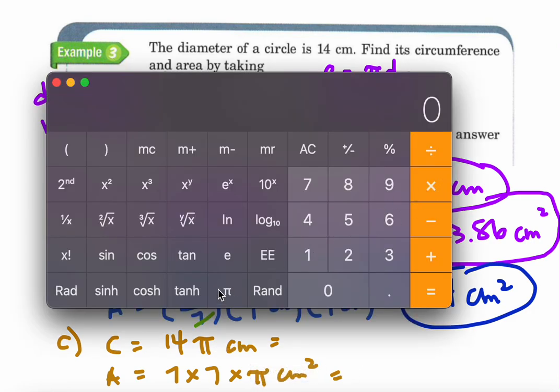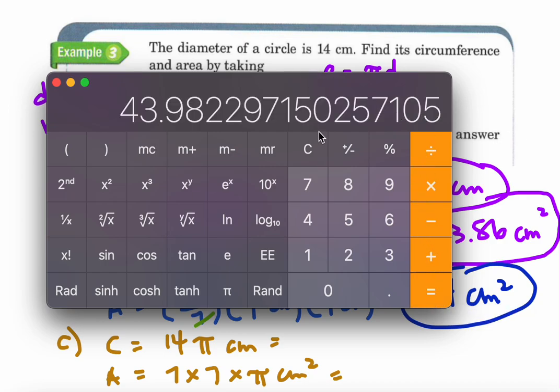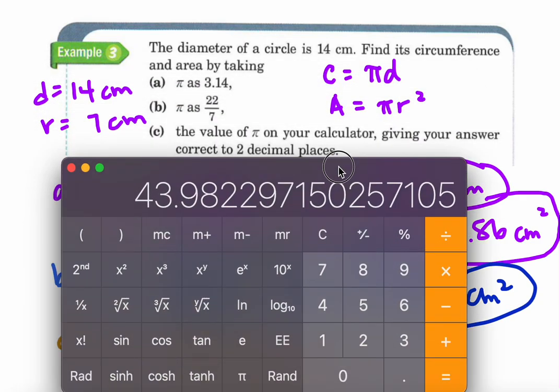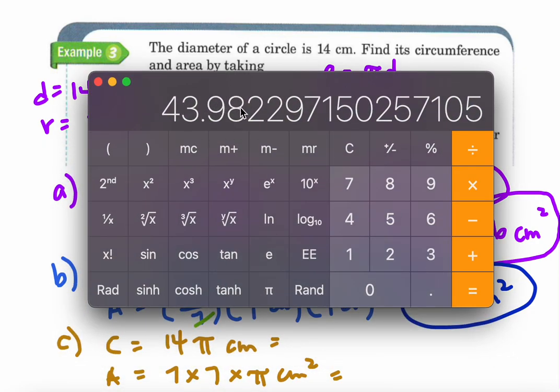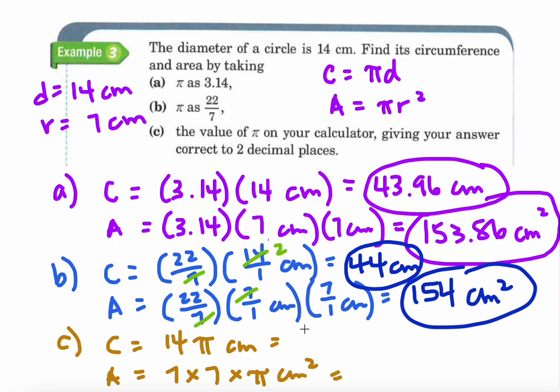Put that in my calculator. Pi times 14. Sometimes you might have to do the pi first and then multiply the other number, depending on your calculator. Okay, it's this. They said to give your answer correct to 2 decimal places. 43.98 centimeters.